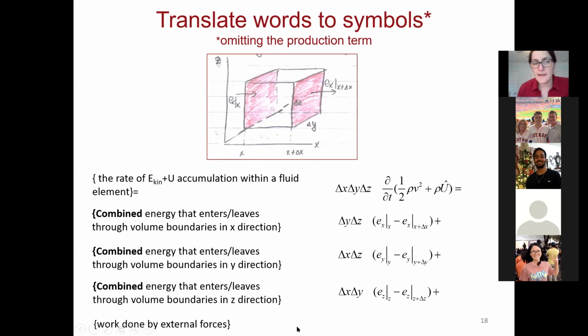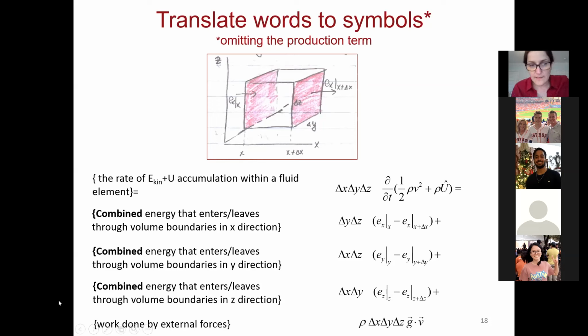Excellent. And then I have to incorporate work done by external forces. Here I'm forgetting any production term, or those production terms are relatively simply added. They're measured per volume, so I just put them times volume, like the S_c that we just had before, it's S_c times volume. So I'm omitting that part.